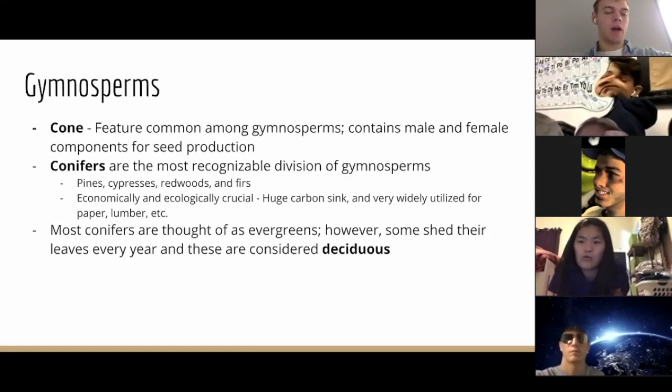They are what's called a huge carbon sink. This carbon dioxide that we're putting out, these types of trees are so big and they're able to absorb so much of this carbon dioxide. That's called a carbon sink, taking up so much carbon, and they're basically helping the world out a lot.